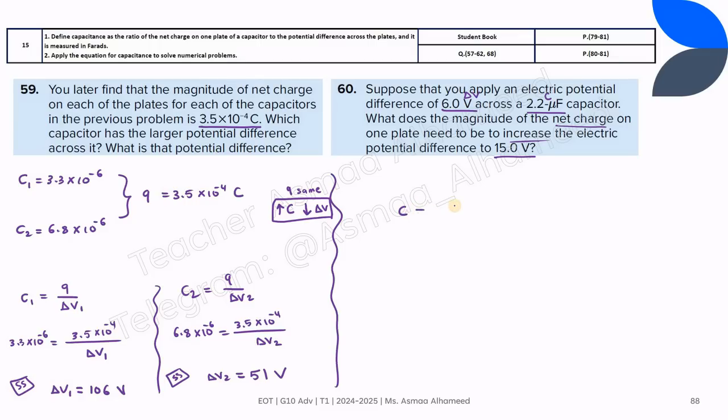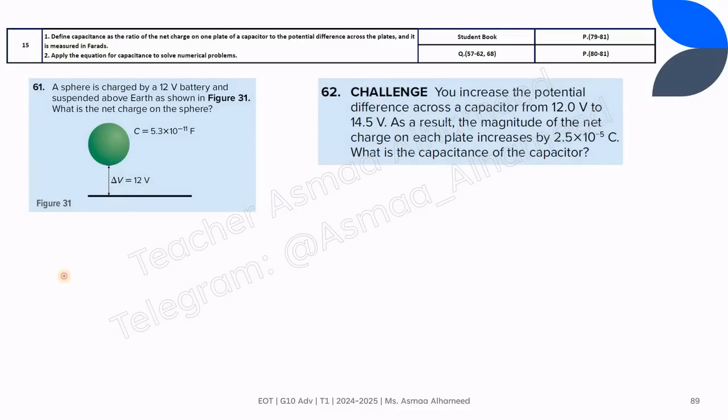So we start with the equation C is equal to Q over delta V. Now C is 2.2 times 10 to the power minus 6, and now we need the potential to be 15, but how much is the value of Q? So we do shift solve, and Q will be 3.3 times 10 to the power minus 5 Coulomb. So this question we already solved in part 1.